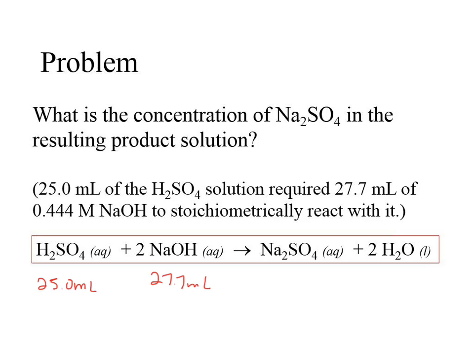We're going to switch gears here in a minute and talk about titrations, which is what you're going to be doing in lab this week. And actually, can you see where these two volumes add together? So on the product side, in our solution, can you see where you have 25.0 plus 27.7 milliliters running around there in fluid?